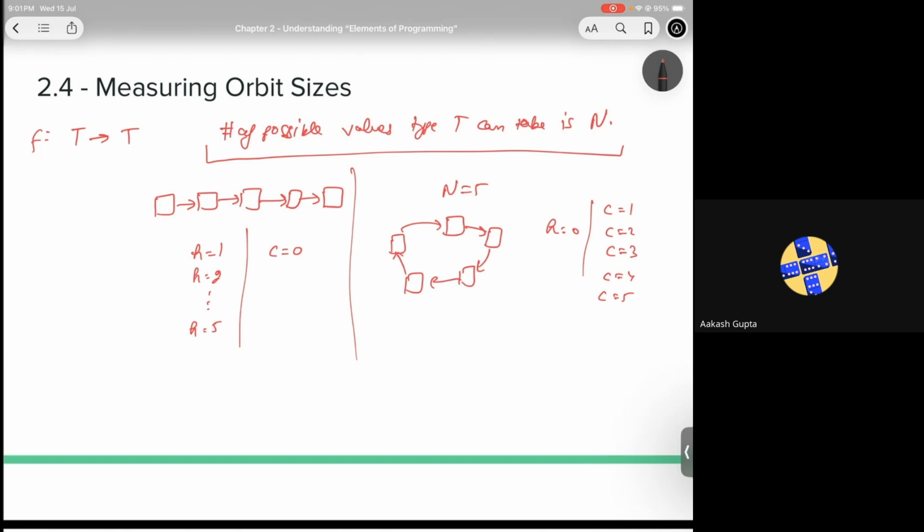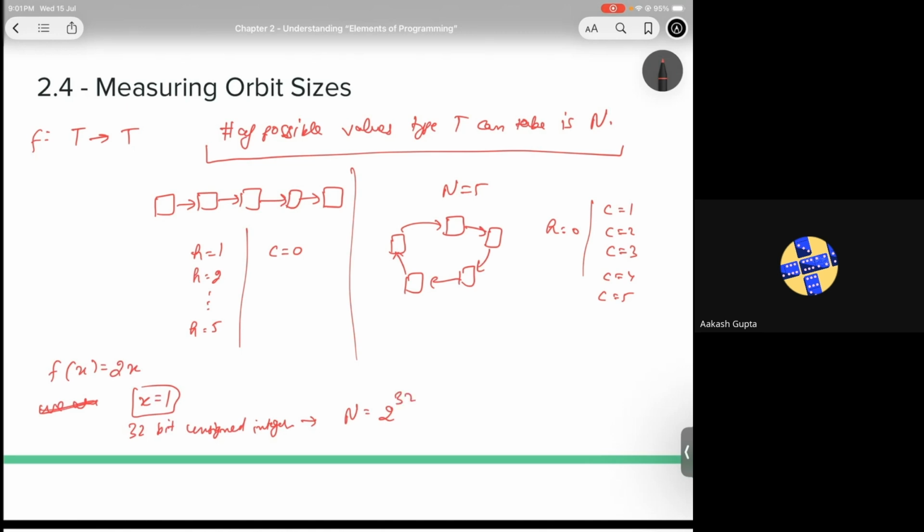Are you aware of any such example? So let's say we are taking the transformation f of x equal to 2x, and our starting point is x equal to 1, and we are in 32-bit unsigned integers. So how many elements do we have? Our n equals 2 raised to the power 32.